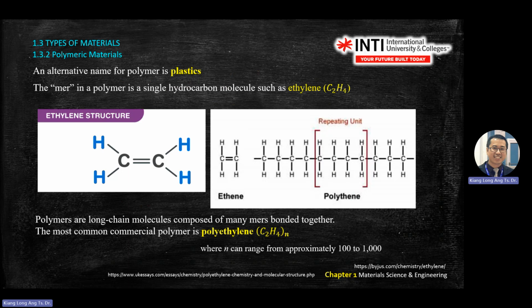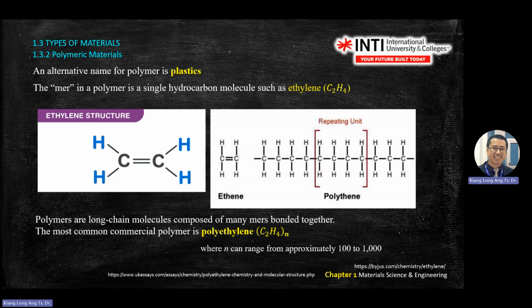Okay, so you learn about this one in your chemistry class also at secondary level. This one is a hydrocarbon, ethylene, a combination of C and H. For example, this one is polyethylene. Poly means many. Ethylene, you combine. This word means there is a repeat of this ethylene or this mer.